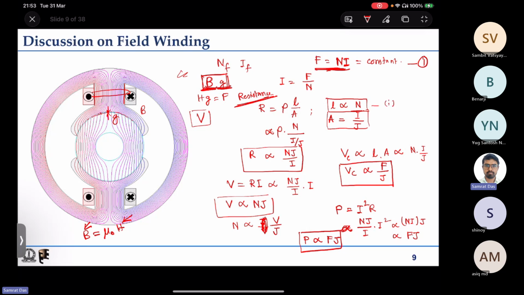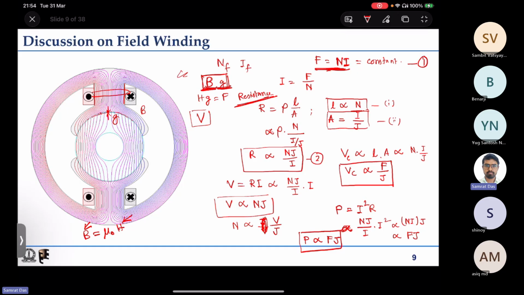This one is Roman 1. And cross sectional area: if we assume some current density J, then cross sectional area of each conductor, A, is equal to I by J. That is Roman 2. If we put Roman 1 and Roman 2 into the resistance equation, then we get this second equation where resistance is proportional to N into J divided by I. That is the second equation that we have.